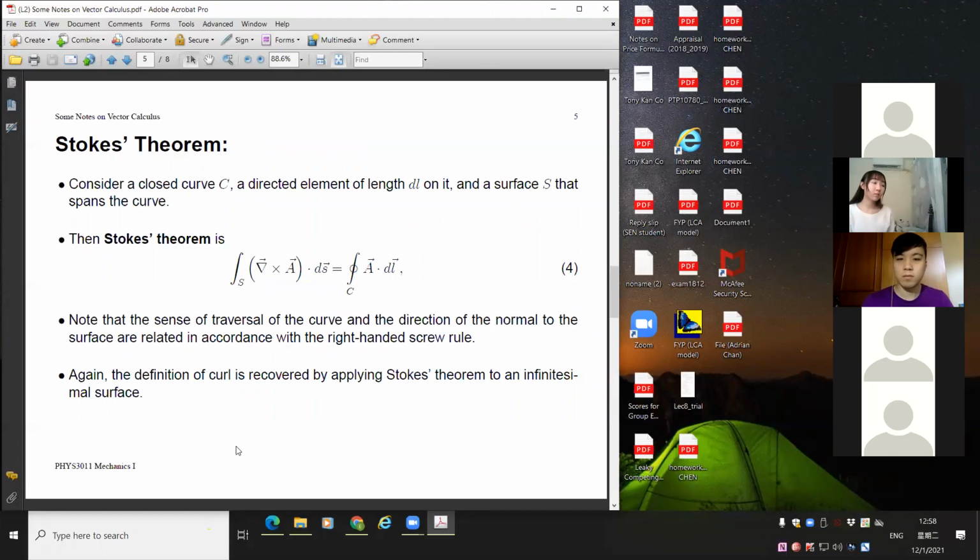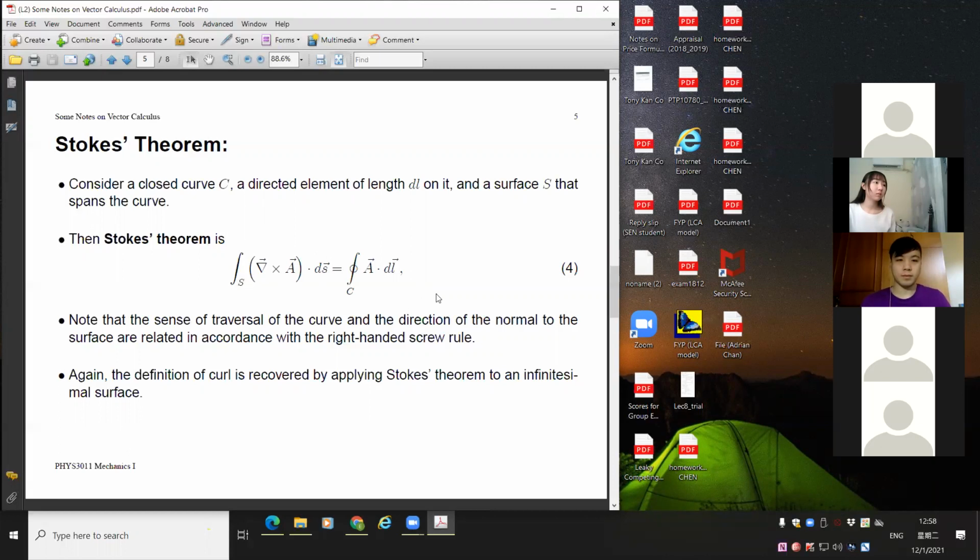Stokes theorem. Similarly, it relates a surface integral to a line integral. Okay, so we have the curl of A, and then take the dot product between this curl and the surface vector, and integrate over the surface.